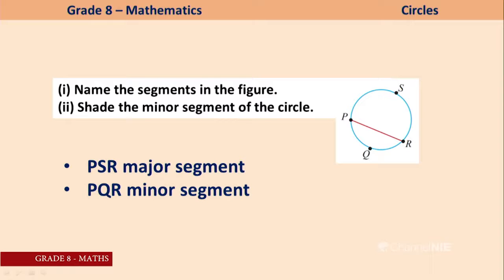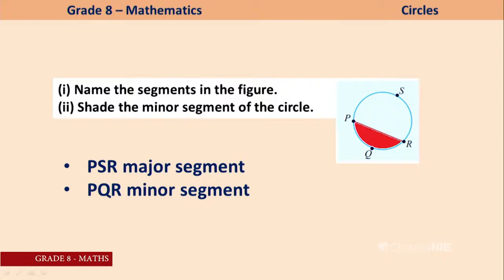So, there are 2 segments, PSR major segment and PQR minor segment. So, second question, you have to shade the minor segment of the circle. Minor segment means the smallest one. So, you can shade PQR minor segment.